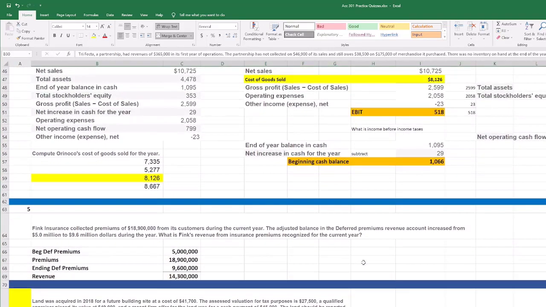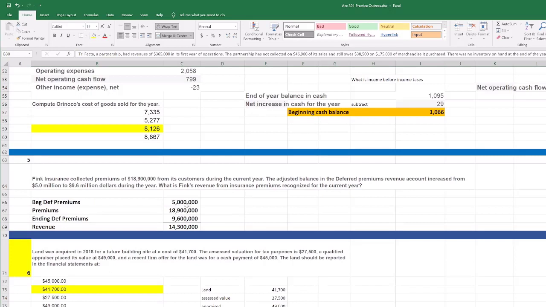Okay. All right, so now Fink Insurance collected $18,900,000 from its customers during the year. Don't assume that is all collected in cash. Is that income for the year, or how much of it was last year that was owed, or how much did they collect in advance for next year? You don't know. You just know that's the cash on hand, okay? The adjusted balance of the deferred premiums revenue increased from $5 million to $9.6 million during the year.